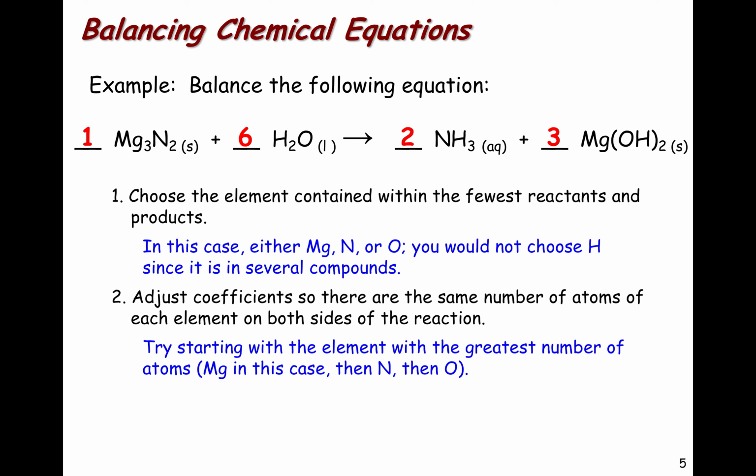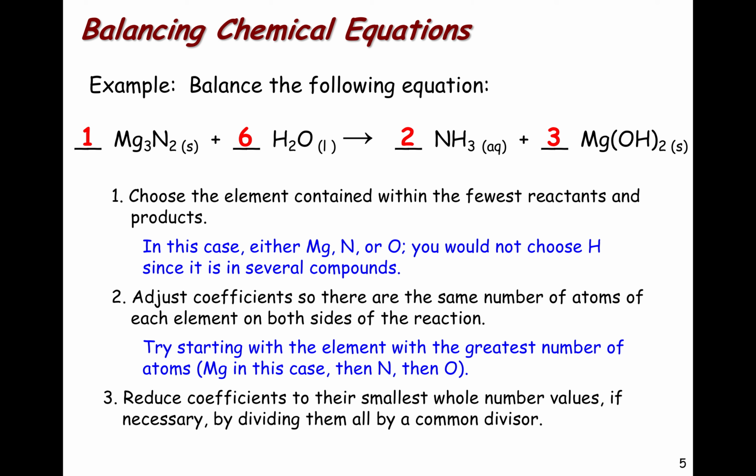There were 6 oxygens in the water, and indeed 2 times the hydroxides in the magnesium hydroxide. So 2 times the O in the hydroxide times the 3 gives us a total of 6 oxygens on the product side as well. So at this point, you want to make sure that you have the lowest whole number ratio, and indeed at this point we have a balanced chemical reaction.